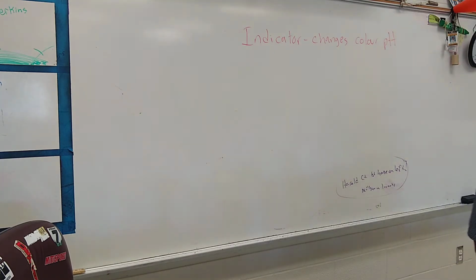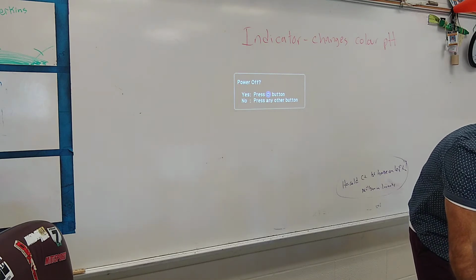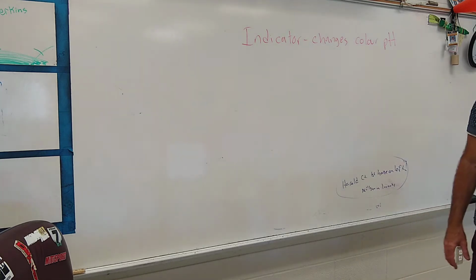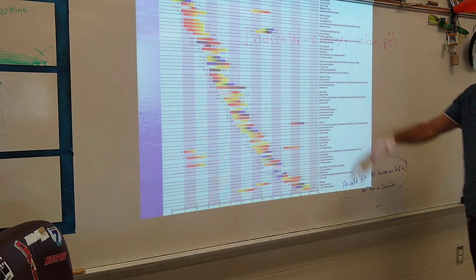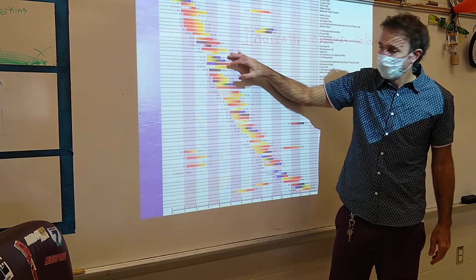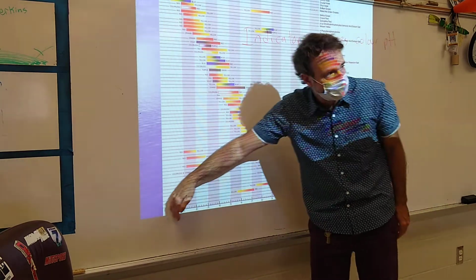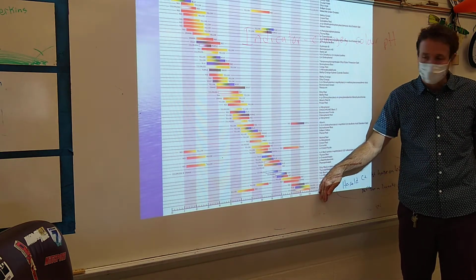And Lord knows there are many, many different indicators in the world. I'm going to show you a list here of some indicators. Check this out. Here is a list of indicators. And if you look at the bottom, here's the pH, 0 to 14, okay?